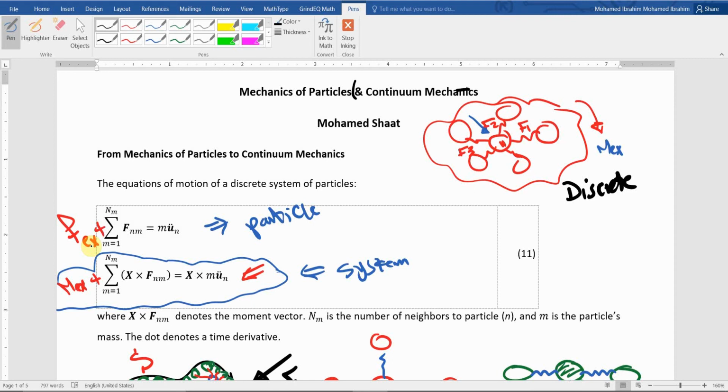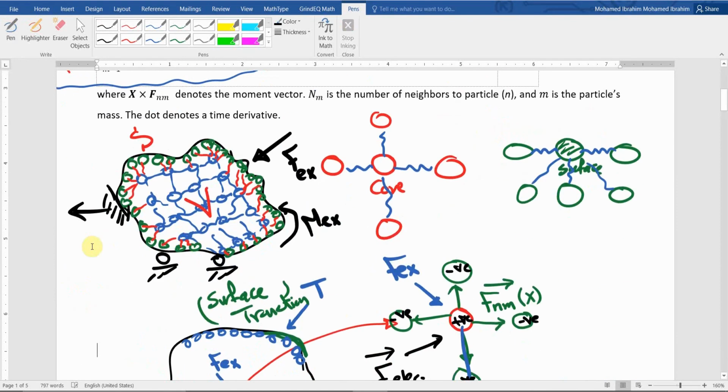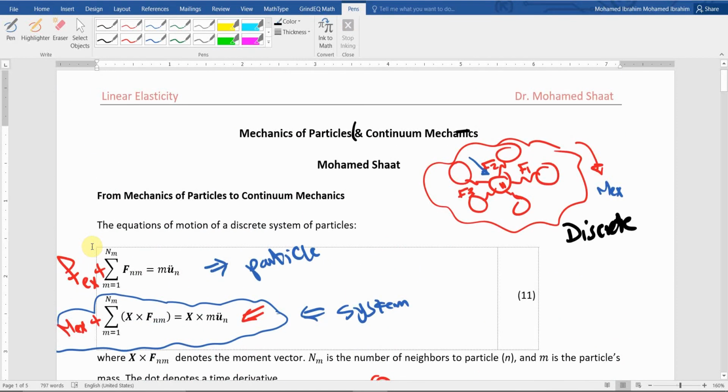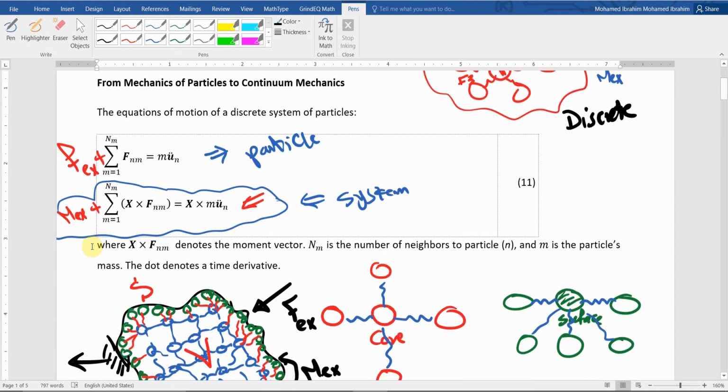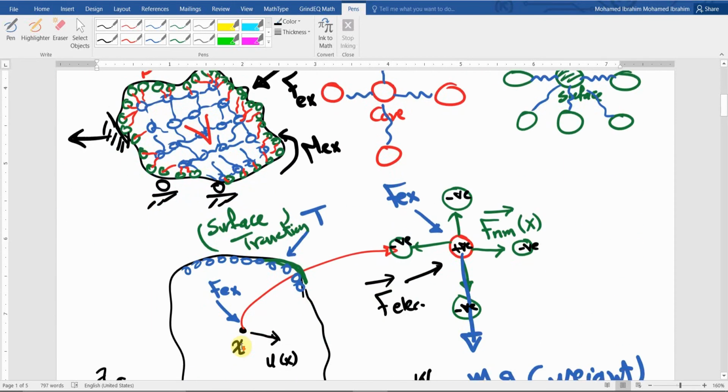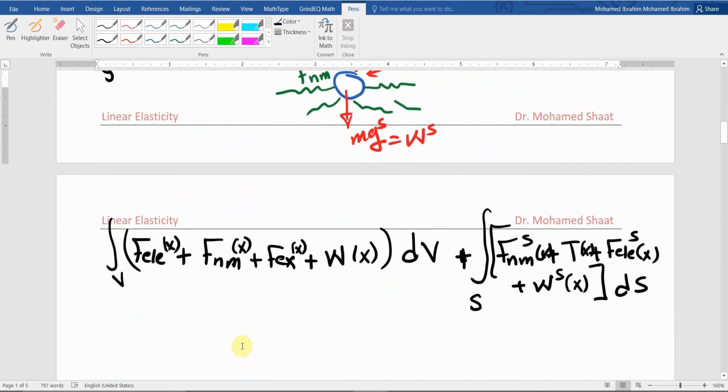So we collect all the forces acting on the core particles, and then all the forces acting on the surface particles. Once we collect all of these forces, we integrate to sum all of them within the domain, whether by integration over the volume or over the surface. Make sense?